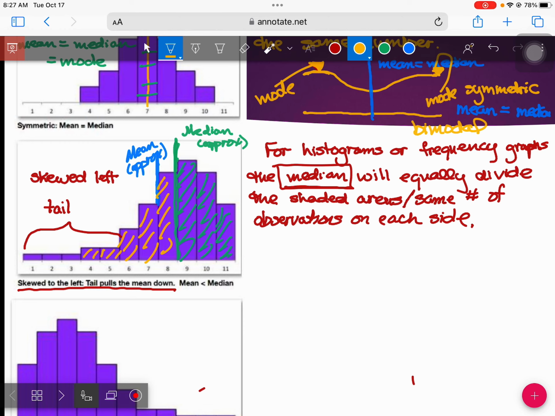When you are talking about the median, you're talking about the area that is shaded below. You should have about half the area on both sides. Okay?